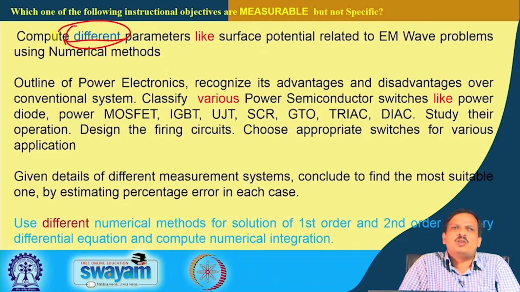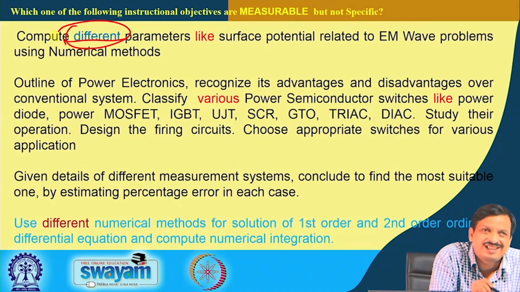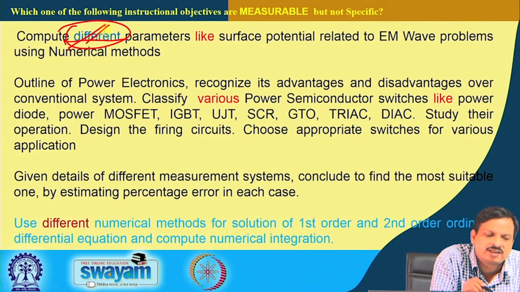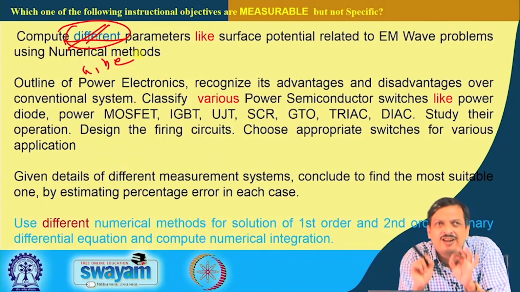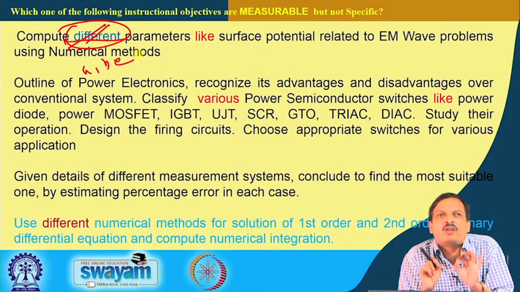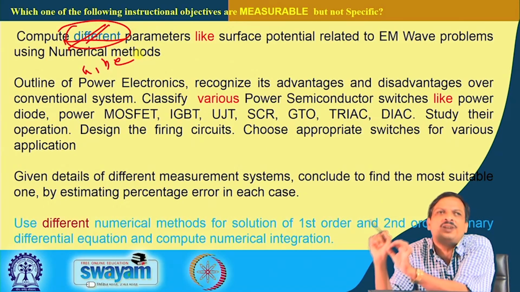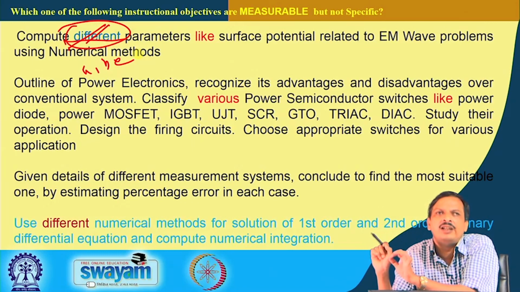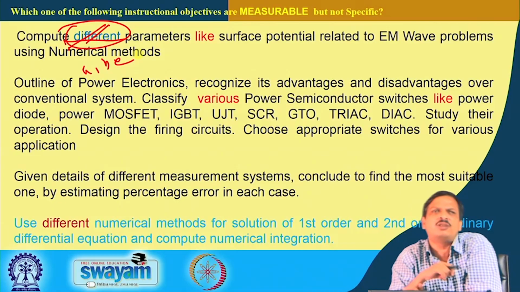Then the student says, no sir, this was not in our syllabus. So, instead of different, you can say, what do you mean by different? Different means A, B, C parameter. So, the learner knows they should compute A, B, C parameter only. Industry knows those students can only compute A, B, C parameter. If they require D parameter, then they should not come to those students.